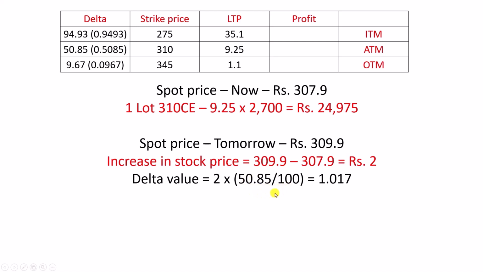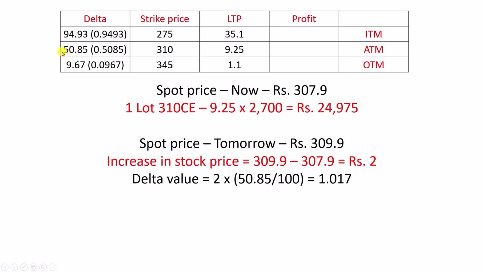If this math is confusing to you, you can directly multiply 2 into this value. This value is nothing but this value. When you simplify this, you get this value. How did I get this value? If this is also confusing, just put the dot to the left.